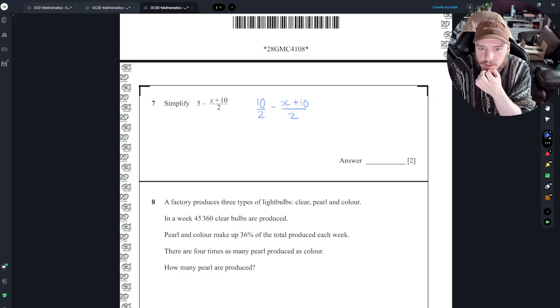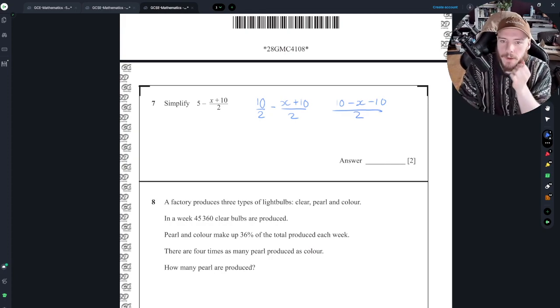Okay, beautiful might be the wrong word for it, but anyway, now the minus is in front of our x plus 10. So I'm going to multiply my minus through. So it'll be 10 minus x minus 10 all over 2.